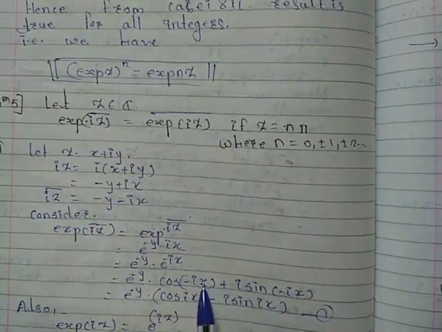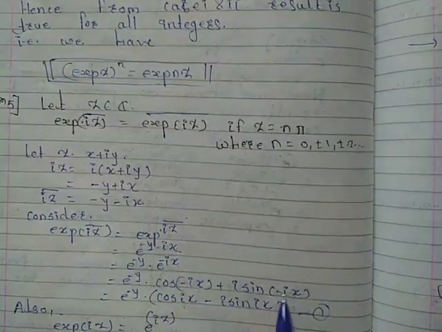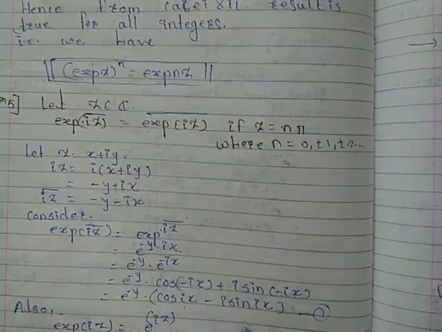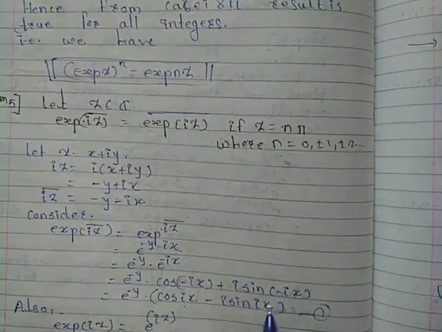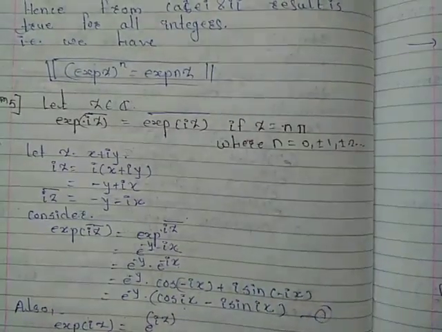Cos of minus ix is cos ix, and sin of minus theta is minus sin theta, that's why sin of minus i into x is minus sin ix. Okay, call this equation number 1.